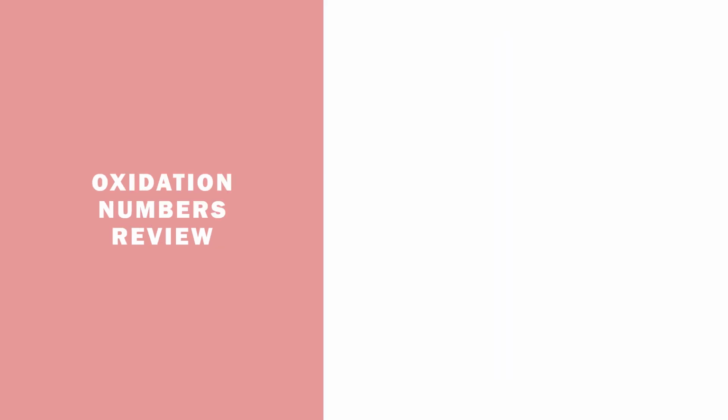Okay, let's review oxidation numbers because that can help us track where the electrons are going in more complex reactions or if they don't give you the half reactions. There's a handful of rules involving them. If you have an element in its standard state, then its oxidation number is 0, so something like sodium metal or chlorine gas.